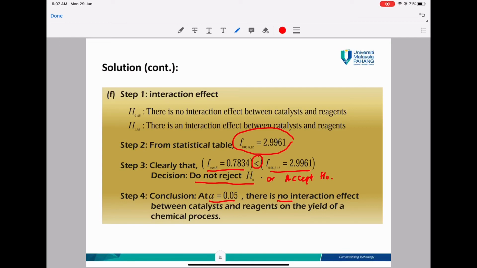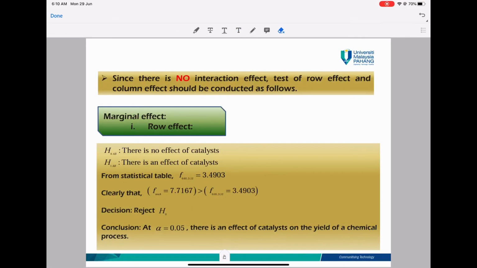As we understand before, when there is no interaction effect between factor A and factor B, we must proceed with the marginal effect. Since there is no interaction effect between factor A and factor B, now we must proceed to the marginal test. The first one is for the row effect.